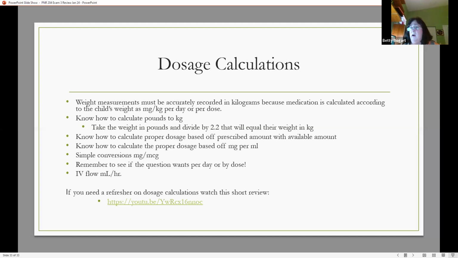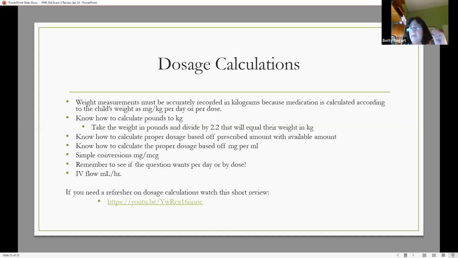Now, there are dosage calculation questions. I want you to be aware, don't get nervous when you see units on a question with dosage calc. If you don't like that label, make it milligrams, okay? Because sometimes that units will just, I don't know what that means. Well, you don't really have to. Make it what you like, okay?